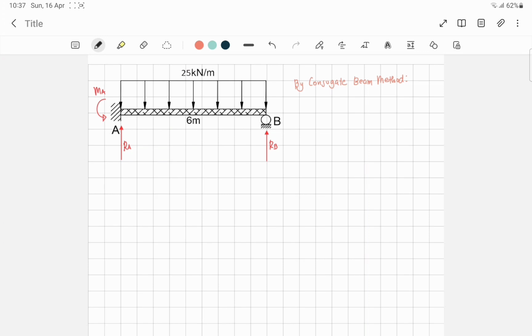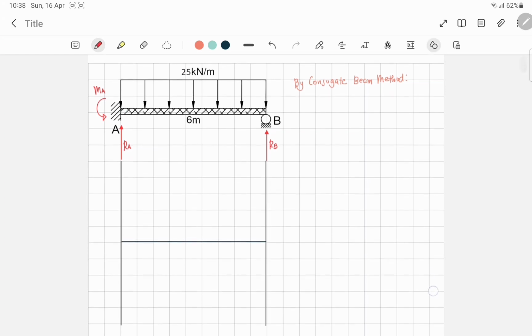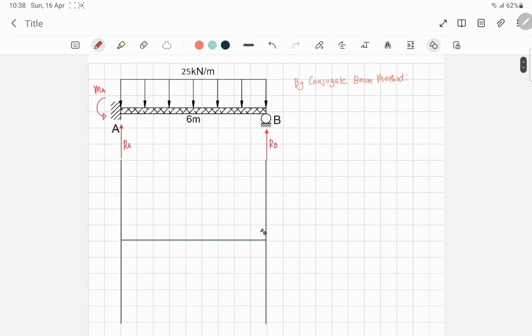I'm going to use the moment diagram by parts, with fixity here at point A, the fixed support. First is our concentrated reaction at B with respect to the fixed support at A. This should be the reaction times its distance with respect to A, that is 6 times RB.